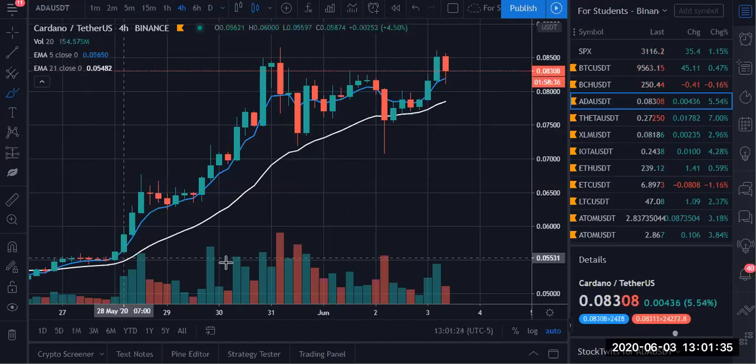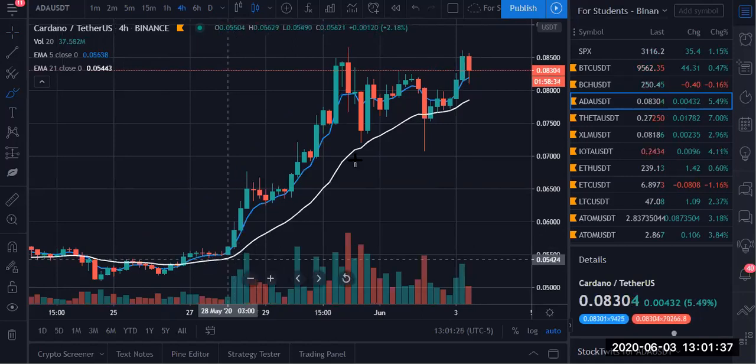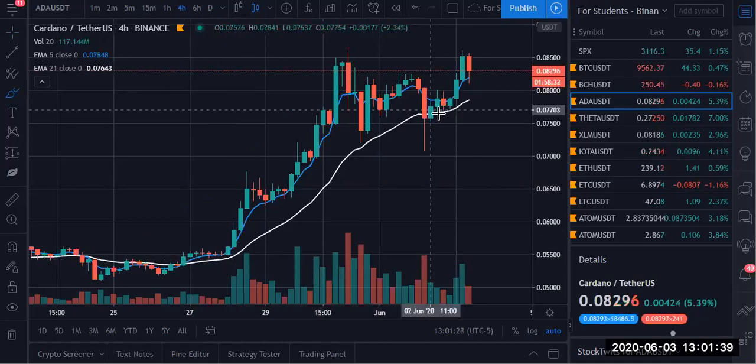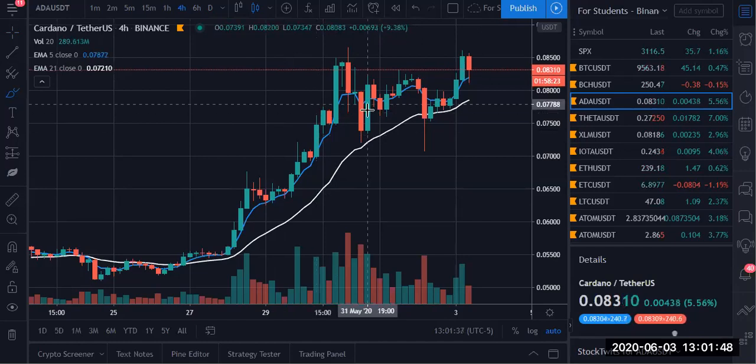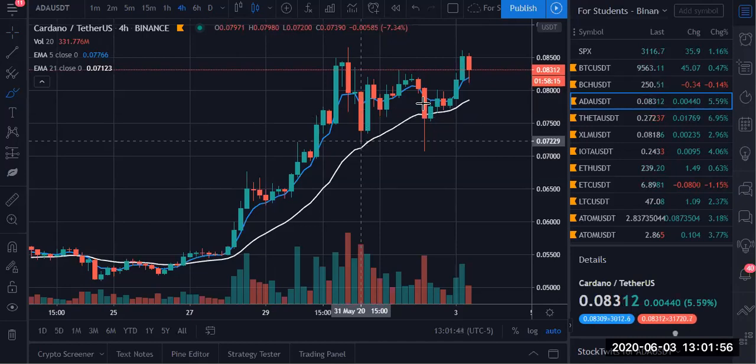This is over the 21. So as long as this remains over the 21, this is actually good to help keep in a position. You can see that this is actually floating this up, and then eventually it comes down, breaks through this, and then it wants to touch that 21 or get near it.